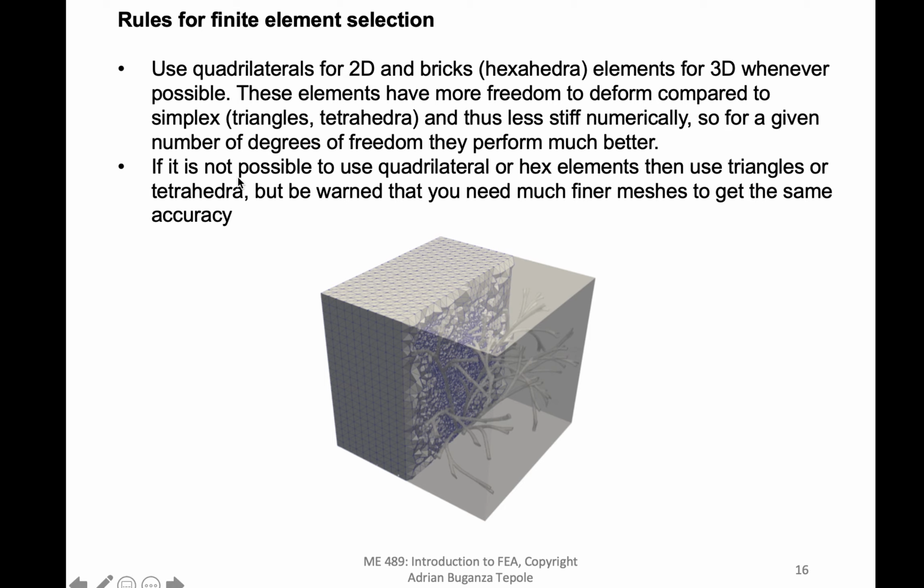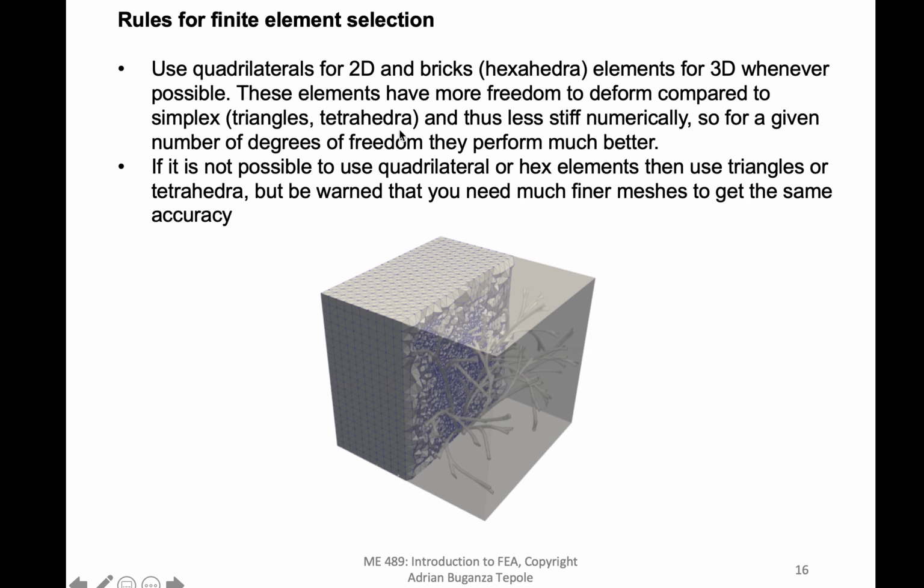What types of elements we have really pushed for is the use of the quadrilaterals or hexahedra, so the bricks in 3D, whenever possible. So if you can have a structured mesh with quadrilaterals or with cubes, then do that. Now it's more difficult to get meshes with this type of elements, and in some cases it's close to impossible. So in some cases you might have to end up using triangles or tetrahedra.